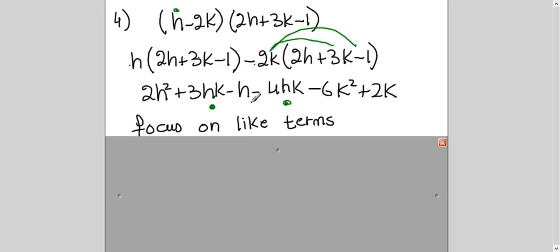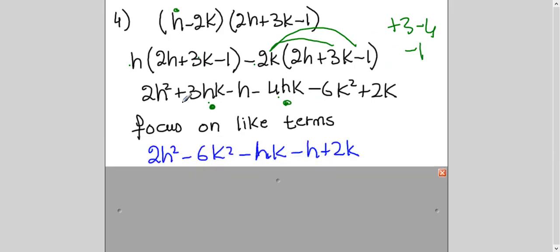And only k, no. So these terms are not like terms. They will be written as it is. But yes, plus 3 and minus 4, because these are the coefficients of hk, will become minus 1, right? So the rest of the terms I have copied down as it is. But for this and this, I have written minus hk, right? Coefficient here is 1, and usually we don't write 1. So that's why I have written minus hk.